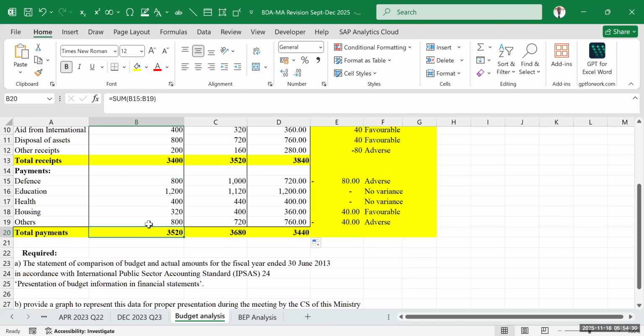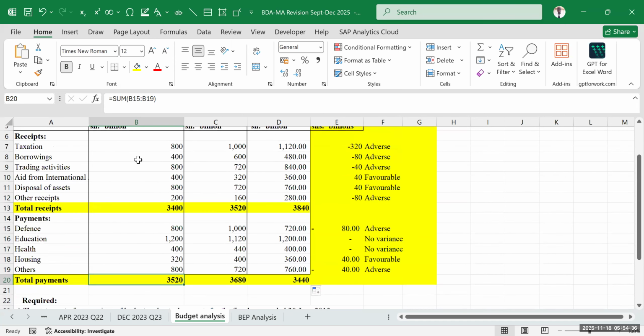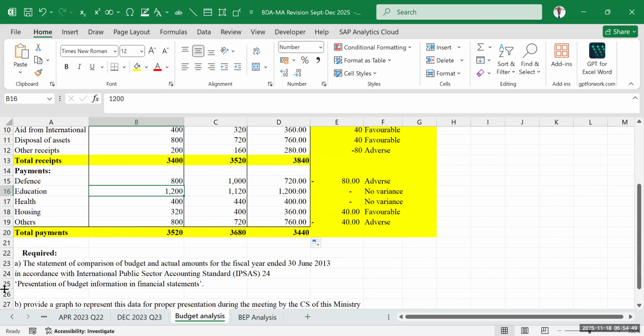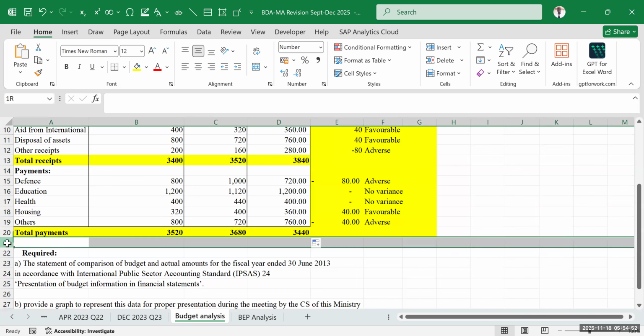Have we spent more or less than what we have received? So we have to look at whether we are running on a deficit or on a surplus. Why? We are comparing receipts and payments. This is a cash budget. Receipts and payments. We are comparing them and asking ourselves, do we have a surplus or a deficit?